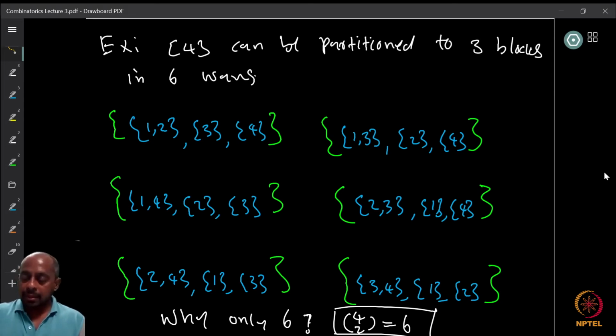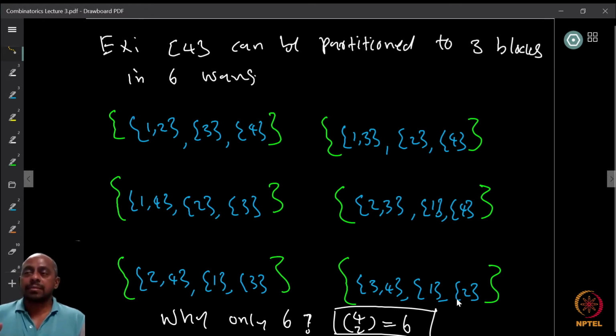So here is the set 1, 2, singleton 3 and singleton 4. That is the first partition. Then set 1, 3, singleton 2 and singleton 4, and so on, up to set 3, 4, singleton 1 and singleton 2.